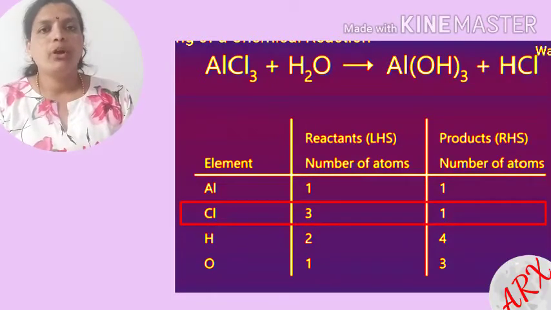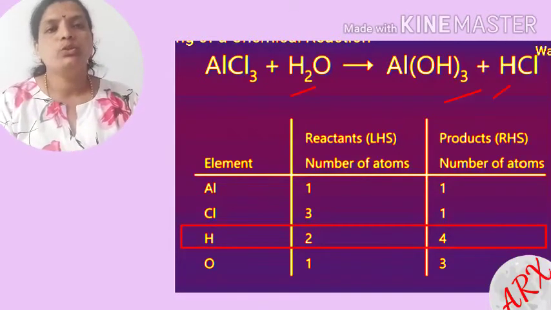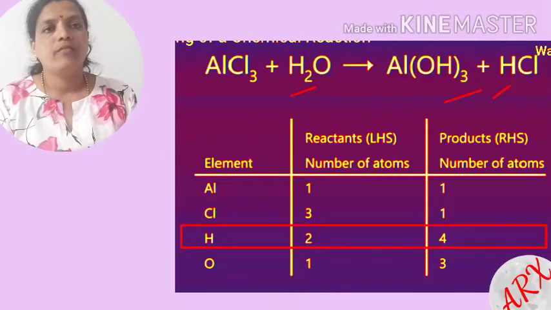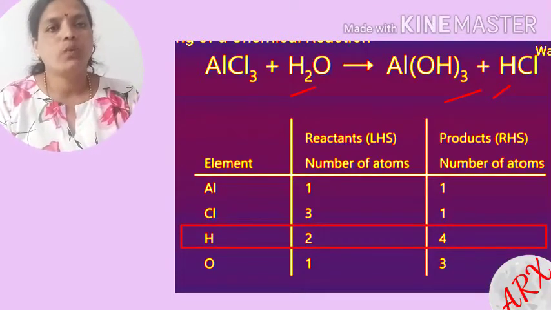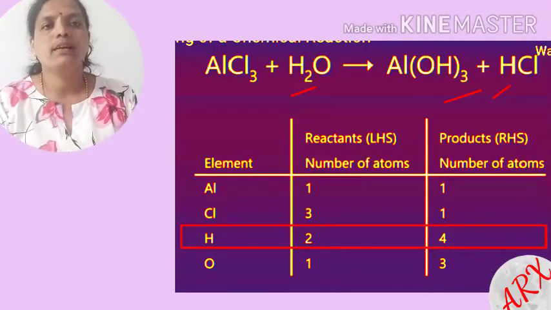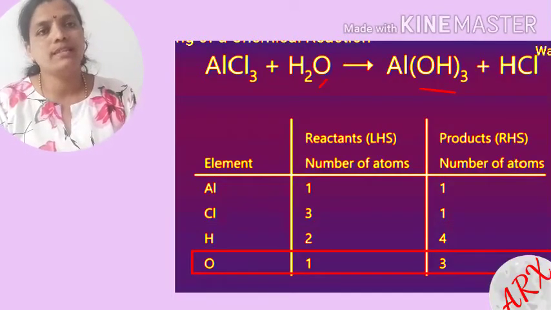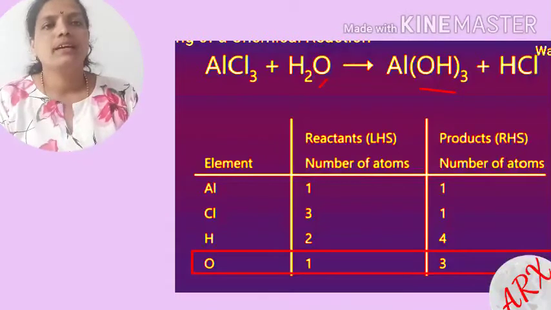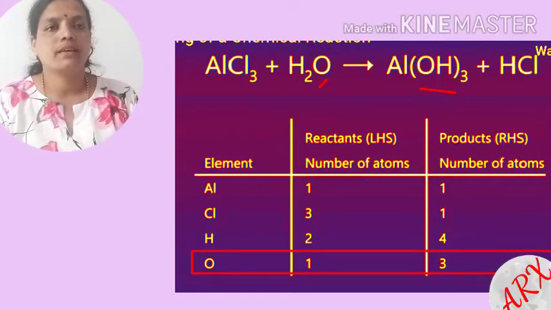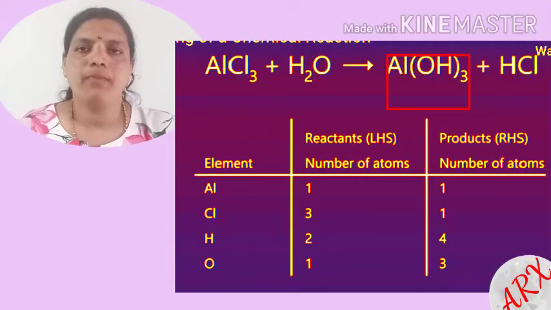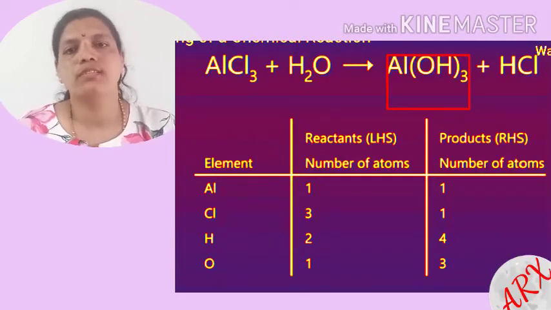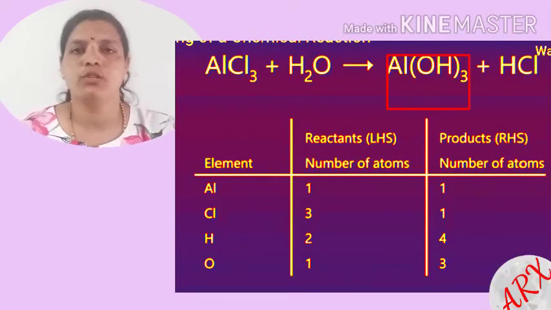The number of hydrogen is 2 on the left hand side, whereas 3 plus 1 equal to 4 on the right hand side. The number of oxygen is 1 on the left hand side, whereas it is 3 on the right hand side. As in aluminium hydroxide OH is in brackets, so oxygen is 3 and hydrogen is also 3.